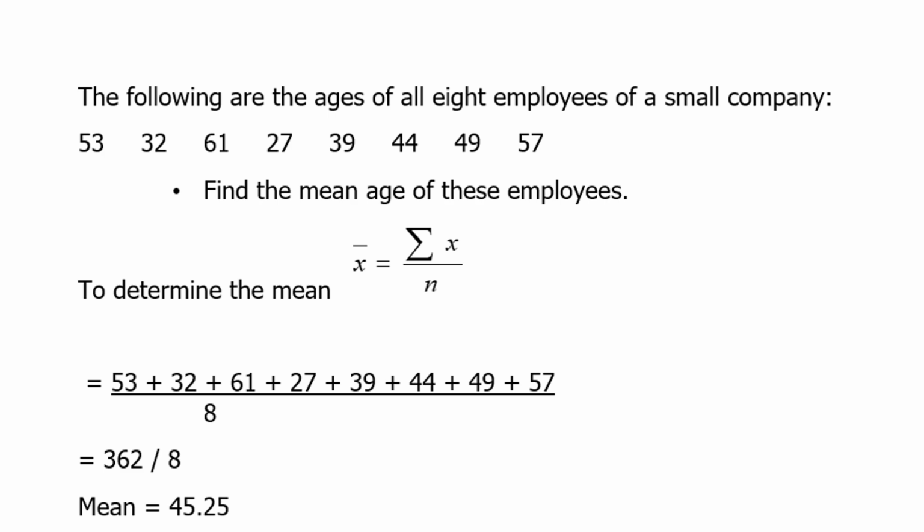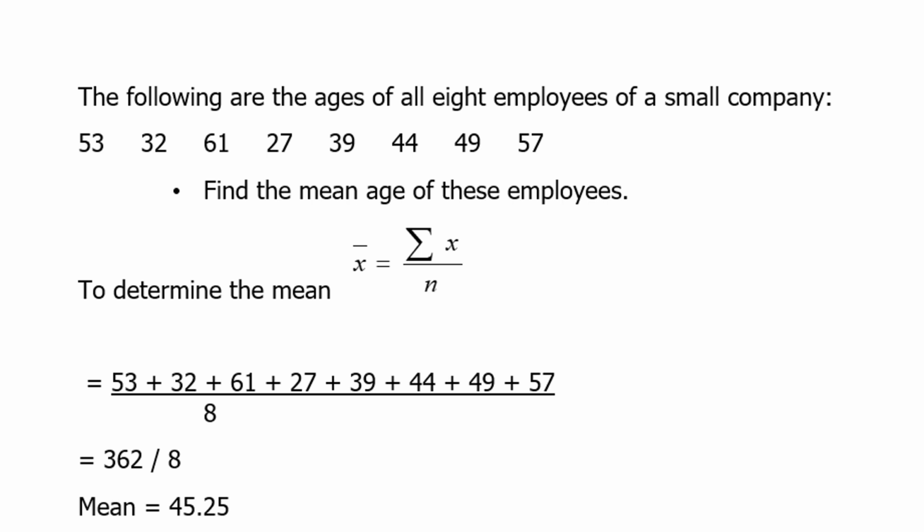To determine the mean, we add all the numbers up and divide by the number of scores in the distribution. The number of scores in the distribution is 8. And we add 53 plus 32 plus 61 plus 27 plus 39 plus 44 plus 49 plus 57. This sums to 362, divided by 8. This shows us that the mean age of the employees in the company is 45.25.